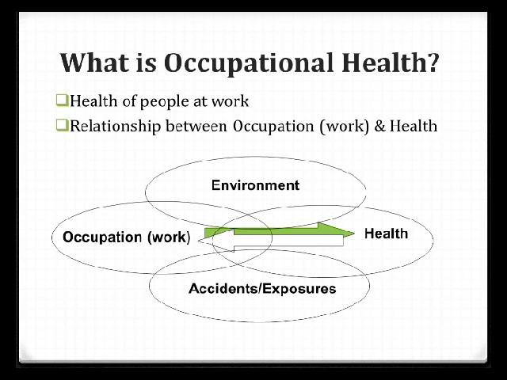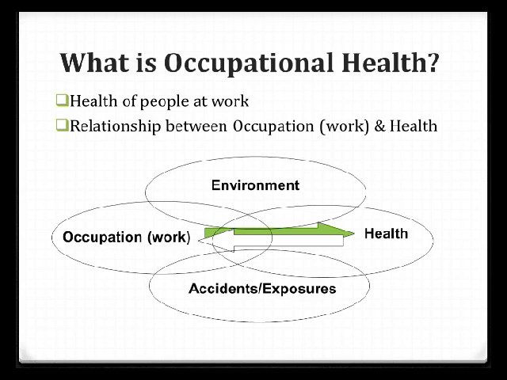So let's first of all think about what is occupational health. When we talk about occupational health, I think about it in two dimensions. I think about it with respect to the health of the people at work, and I also think about it with respect to the relationship between the work and the individual's health. And I know those may be slight nuances, but I think we need to really think about the population piece and the relationship piece.